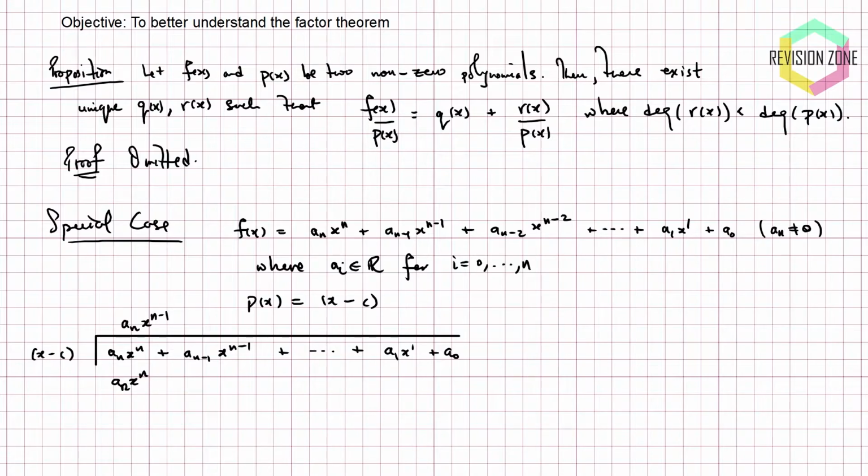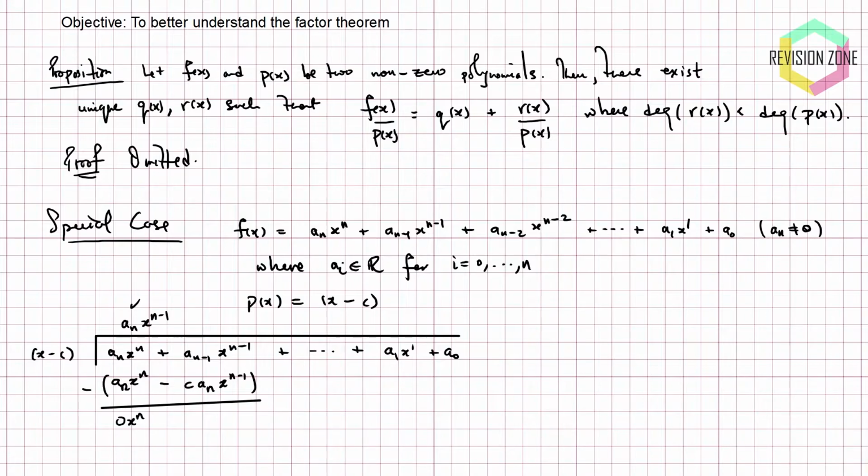The second term here is going to be c times a_n x^(n-1), but obviously there's a negative, so I've got to keep track of that: c a_n x^(n-1). At this stage, we do a subtraction, and once we do, we get 0 x^n's. That's precisely why we picked this thing in the first place.